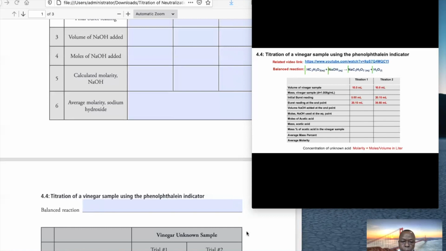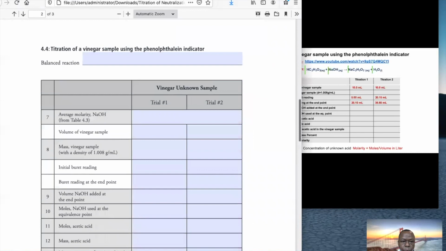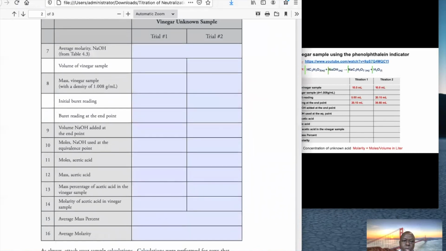So in part 2 or section 4.4, there are two trials, trial 1 and trial 2. Since we had only one solution at this point, you will write down the concentration of NaOH from table 4.3, the average. Remember, you had three trials, trial 1, 2, and 3, and then you had to find the average.